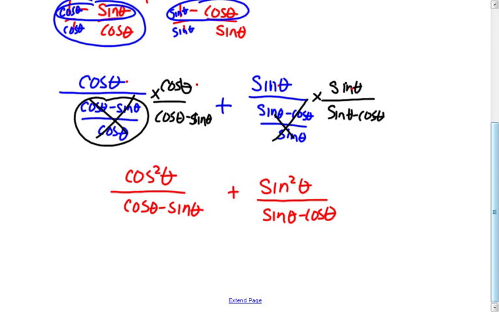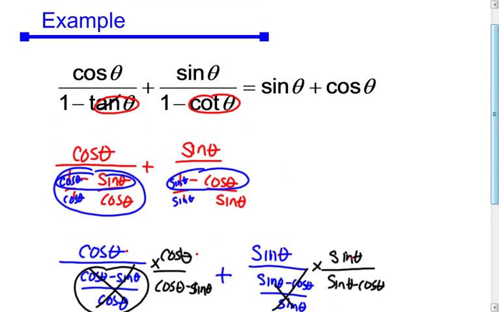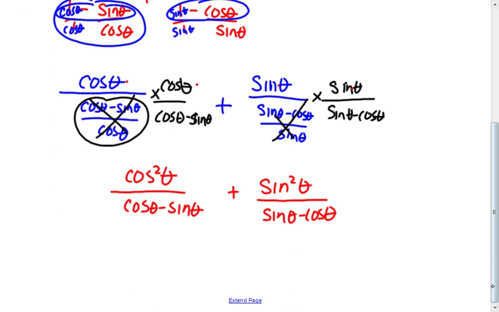Okay, now I want us to take a little breath here and figure out where we are and where we need to be. So if you look at this, it almost looks like we have common denominators, but we don't quite, which is kind of a bummer. I need to get this quantity to sine plus cosine somehow.